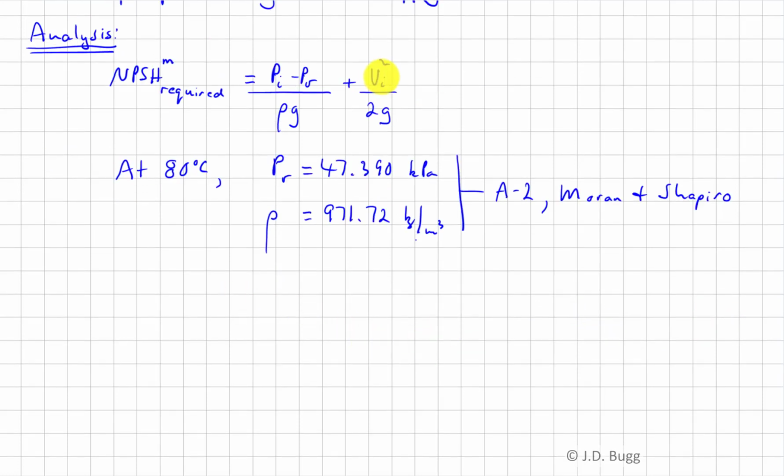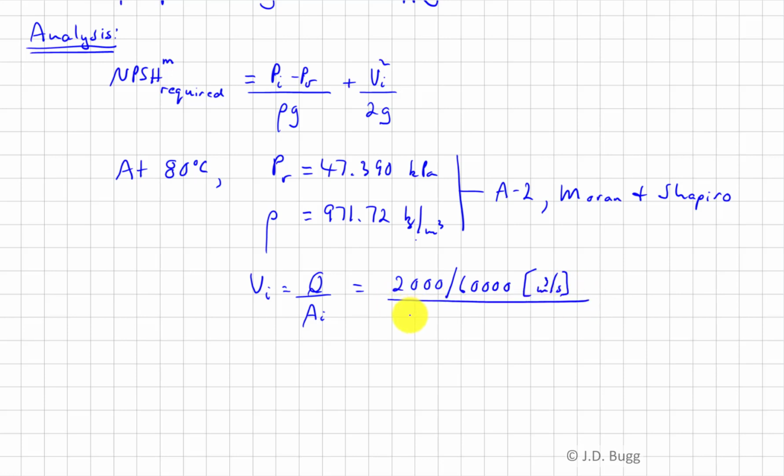The other thing we need is the velocity at the inlet. Well, we know the volume flow rate and we know the area of the inlet. So the velocity at the inlet will be that volume flow rate divided by the area of the inlet. The volume flow rate was 2,000 liters per minute. Divide that by 60,000 and we'll get meters cubed per second.